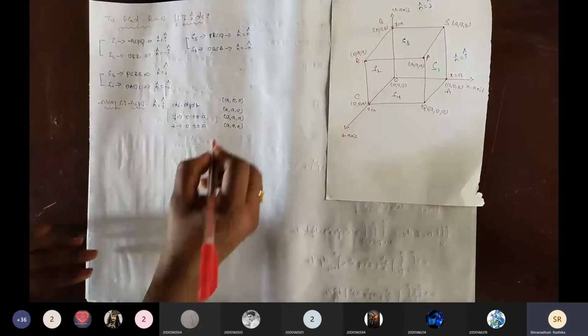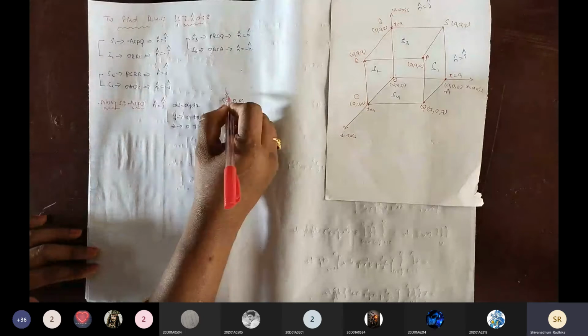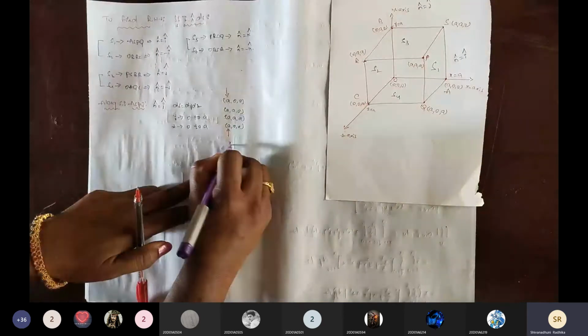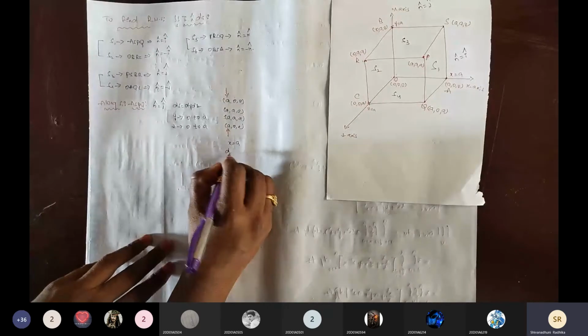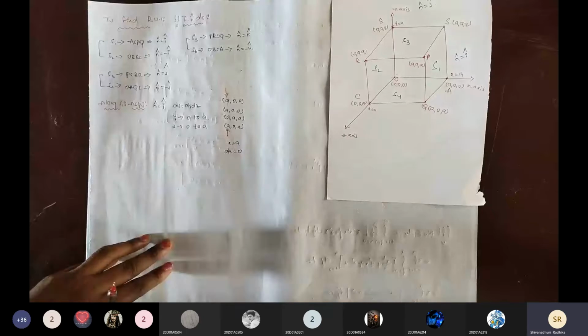Which coordinate has the same value in all of them? x equals a. The x coordinate has the same value, so it is the differentiating variable. Differentiating x equals a on both sides, dx, a constant, derivative is 0.